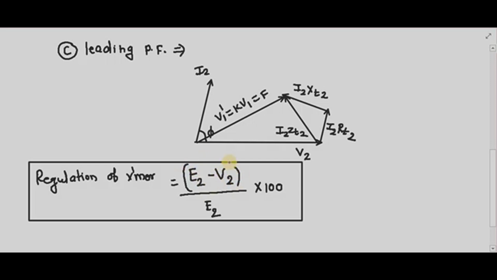So in that case, what will happen? My regulation will become negative. So my V1 dash is less than V2. As this is your E2, I forgot to write down this as E2. So my E2 is less than V2 at the time of leading power factor. So my regulation will be negative.